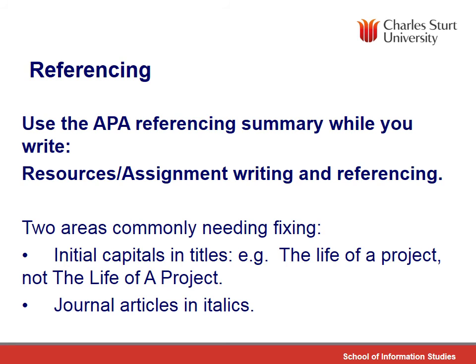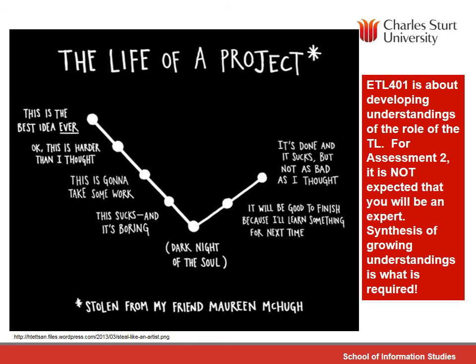And put the name of the journal in italics and put the journal article itself not in italics. Please use the APA guide while you're doing this because it just makes it easier.